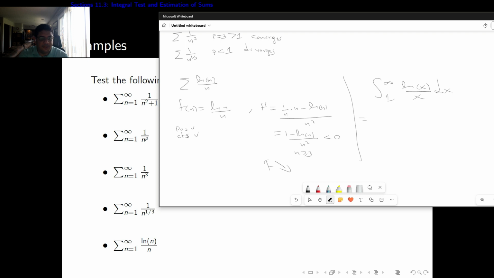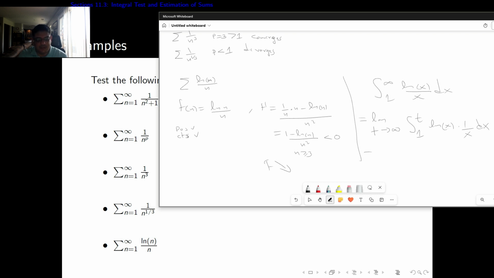So notice that this is equal to the limit when t goes to infinity of the integral from 1 to t of log of x, and I'm going to write it here, 1 over x dx. So now that I wrote that in that way, you can probably realize, oh, this is a basic substitution. u equals log of x, du is this one.